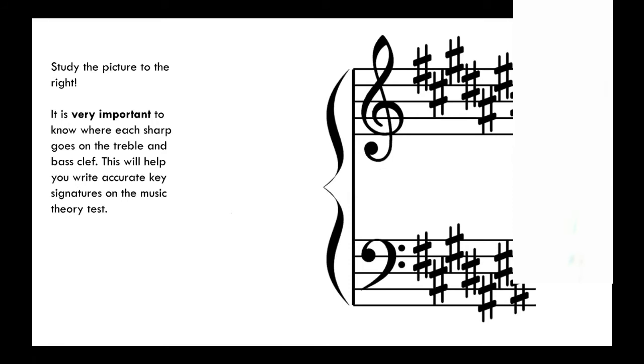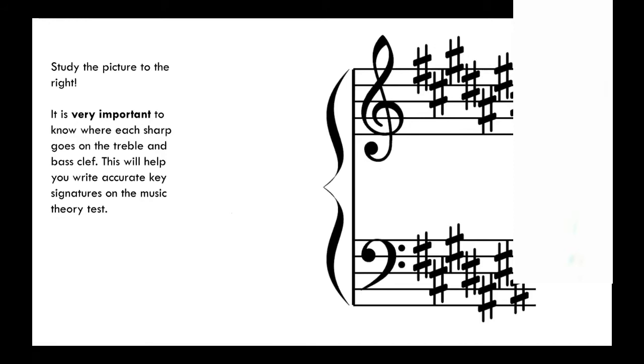This is also very important. Since this is going to be on your slides when we send them, you can refer to them at any time, but make sure to study this picture because it's very important to know where each sharp goes on the treble and bass clef. This is going to help you write accurate key signatures on paper for the real music theory test.